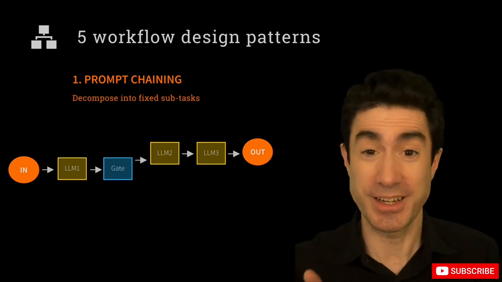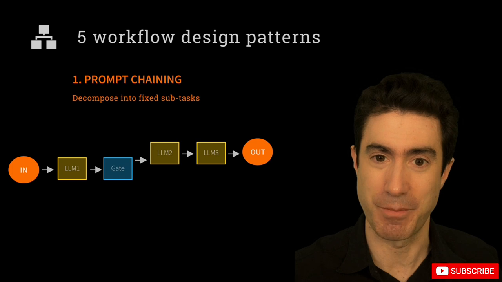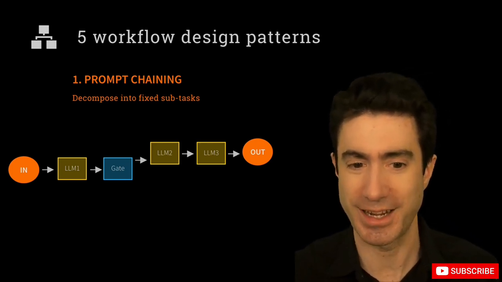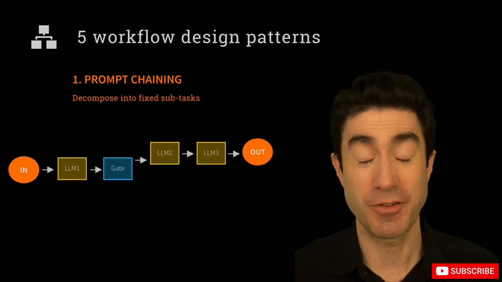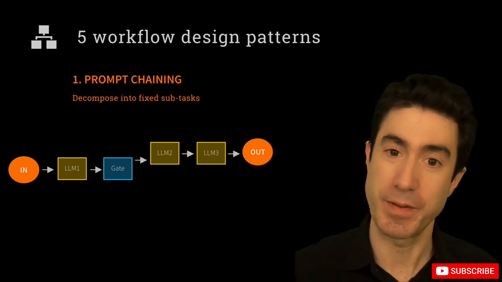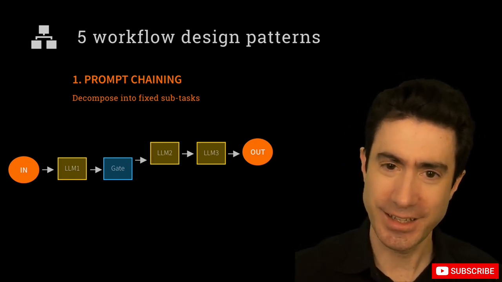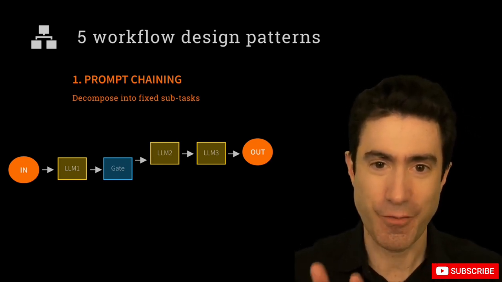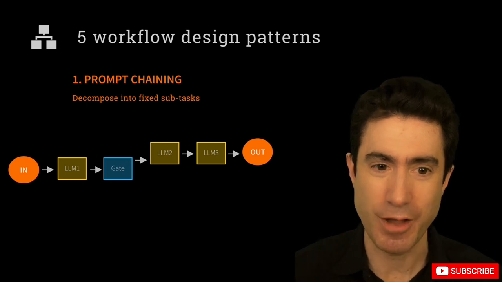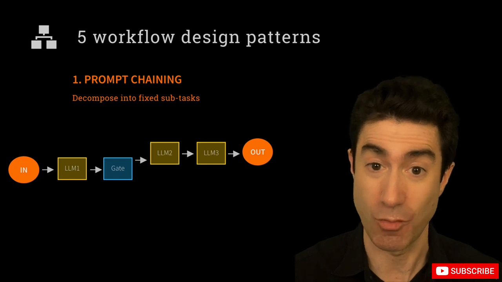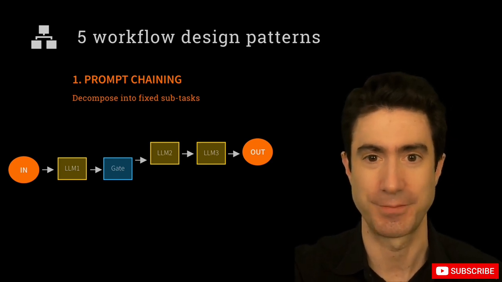Because just as we did in our example, the first call to the LLM might come up with a topic, and it's that topic that gets worked on by LLMs 2 and 3. So in some ways, the way that Anthropic distinguishes between workflows and agents is a little bit artificial. There is definitely a blurred line between them. It's perfectly possible for there to be an element of autonomy about a workflow pattern like this.